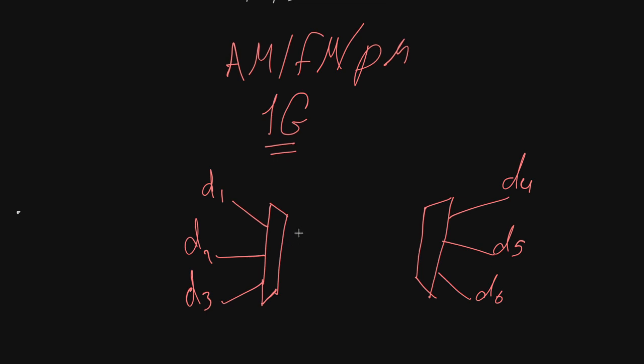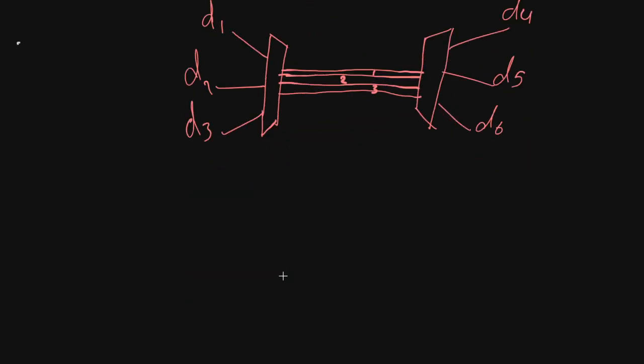So the wave here is sent over channels. Let's say this is channel 1. Then there is a guard band between them. Then there is channel 2 and then channel 3. So each of these messages is sent on a different frequency.